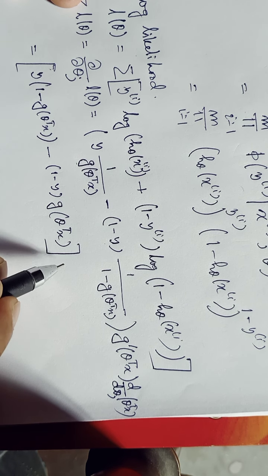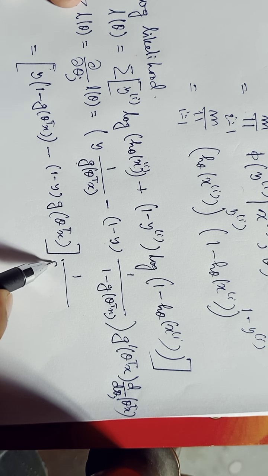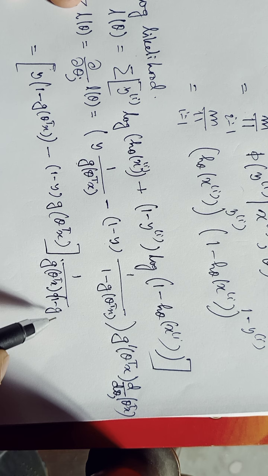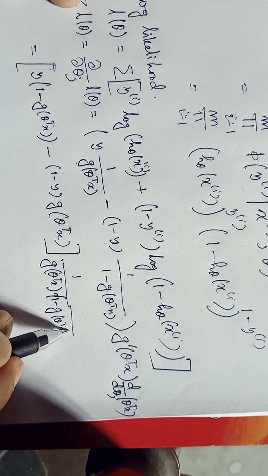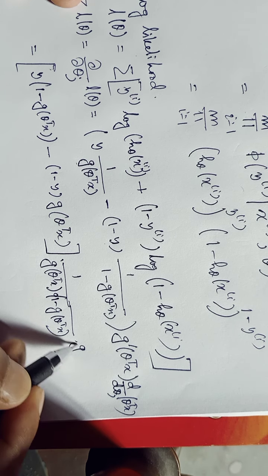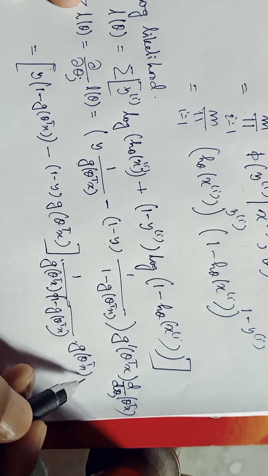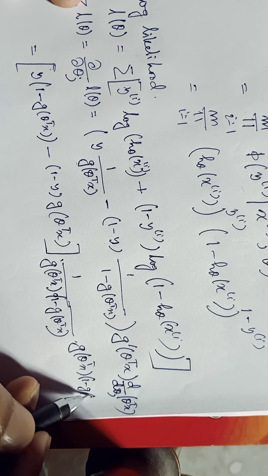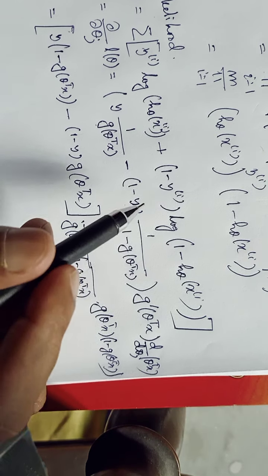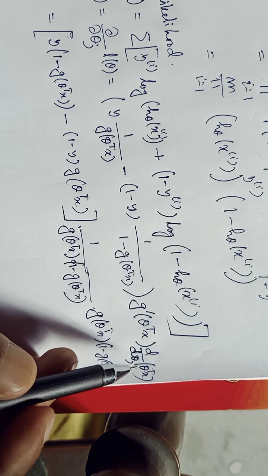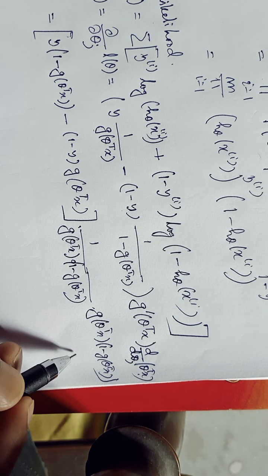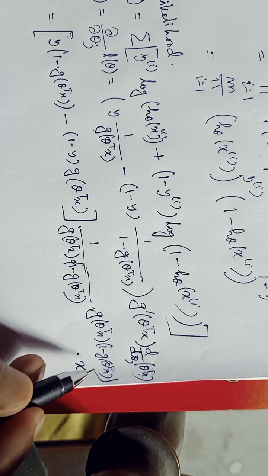Here we can write 1 by g(theta transpose x) into 1 minus g(theta transpose x) from here. And now see, g'(theta transpose x) is also g(theta transpose x) and 1 minus g(theta transpose x). Already you have got this from our previous derivative. And now d/d theta j of theta transpose x is equal to xj only.